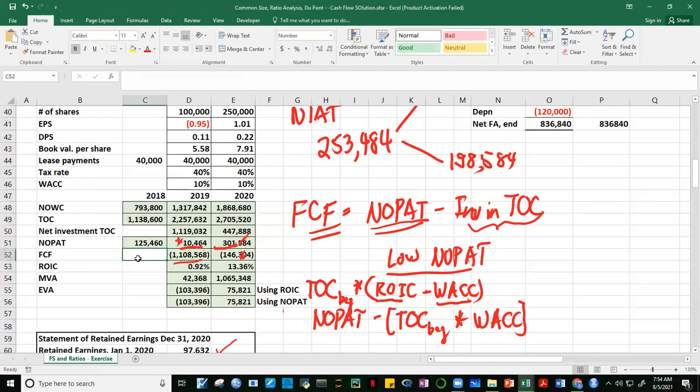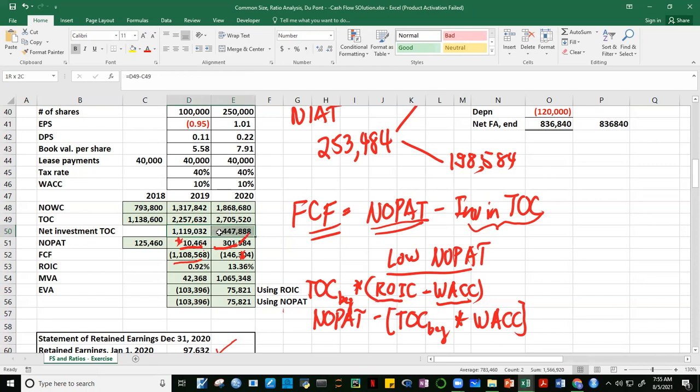Okay, free cash flow. By way of review, guys, sabi natin si free cash flow is the cash flow available for distribution to investors. Sino investors natin? Shareholders at saka creditors after deducting cash flow requirements for operations. Ang cash flow requirements natin for operations is the net investment.